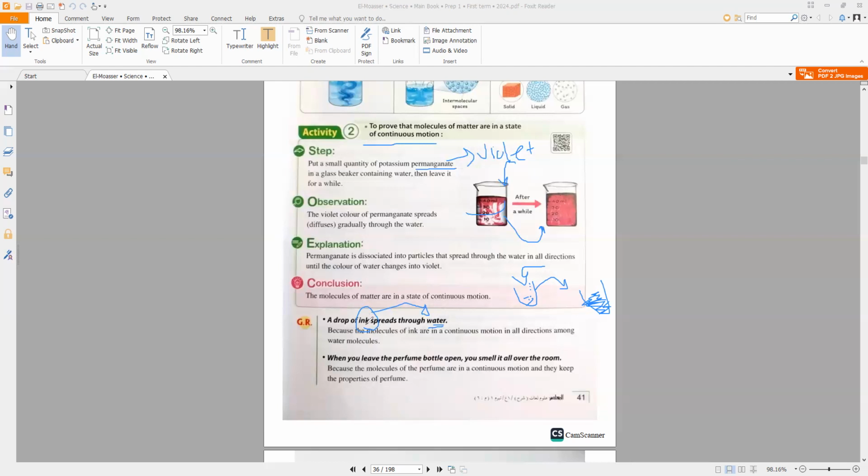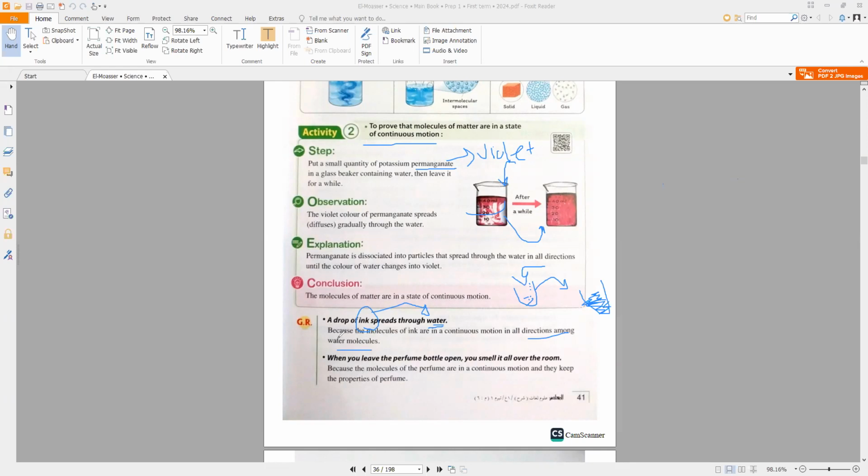Because the molecules of ink are in a continuous motion in all directions among the water molecules.